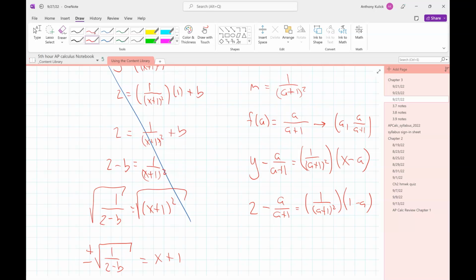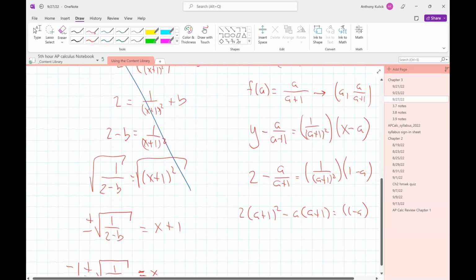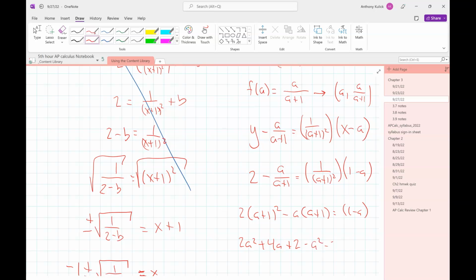Yeah. So I'm going to multiply both sides by (a + 1) squared. And then, let's see, that's going to be 2a squared plus 4a plus 2 minus a squared minus 2a minus 1 plus a equals 0.